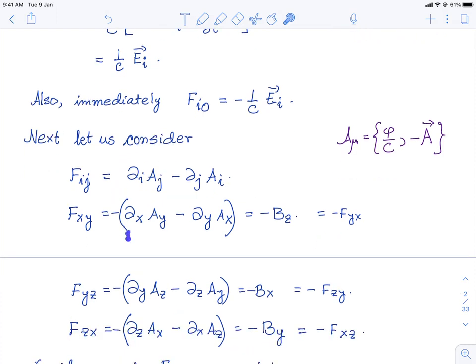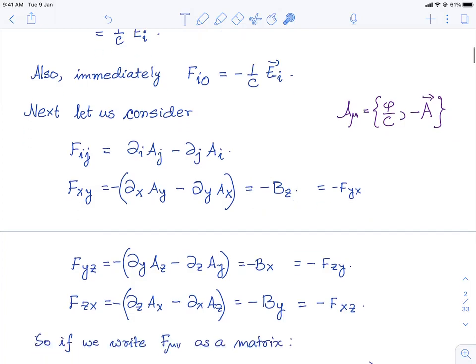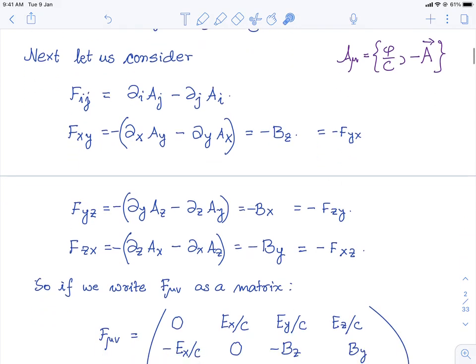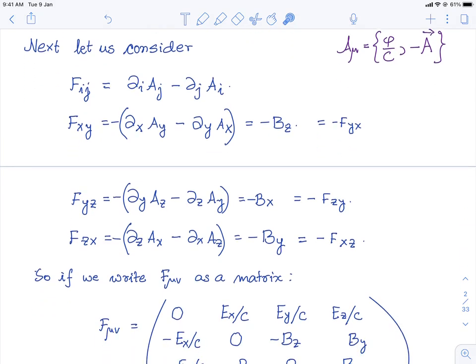So as you can see, this object is nothing but the z component of the magnetic field with the minus sign. Okay, so this is the z component of the magnetic field, and similarly the yx component is just minus of this, so that is equal to just Bz. Okay, very good. So similarly, you can work out all the ij components for x, y, and z, that is what I mean by 1, 2, and 3.